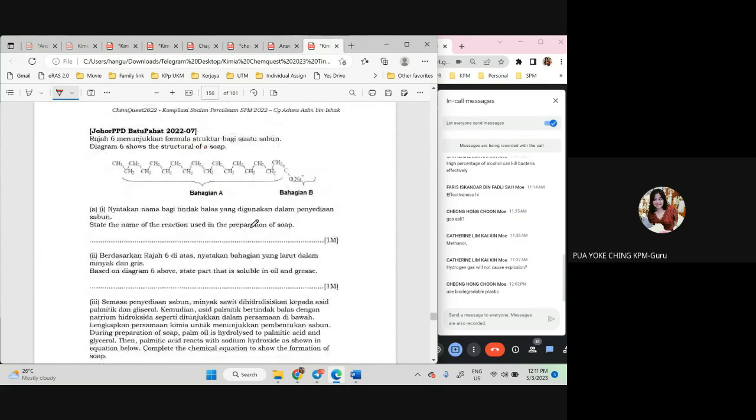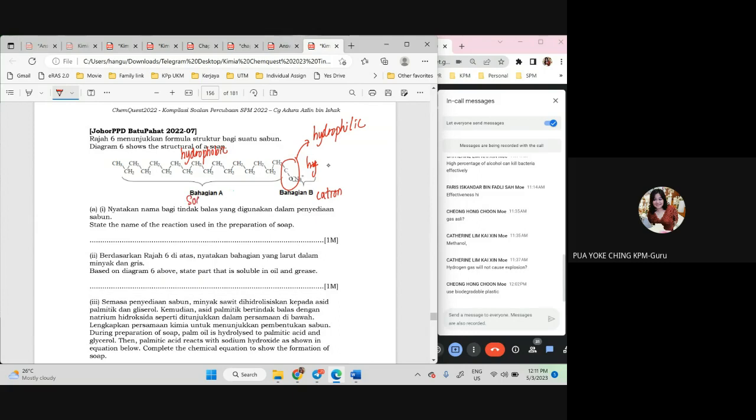Okay, so ini ialah sama, ini ialah soap anion and soap cation. And you have the hydrophobic part. And this is your hydrophilic. Ini cation.